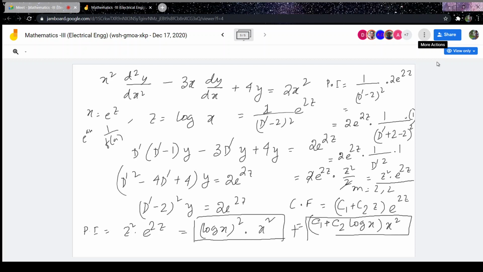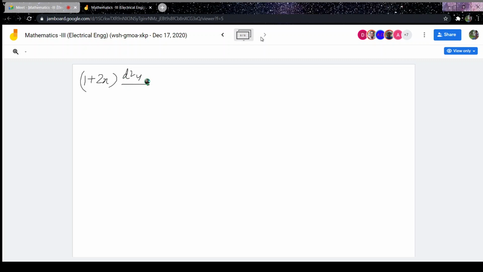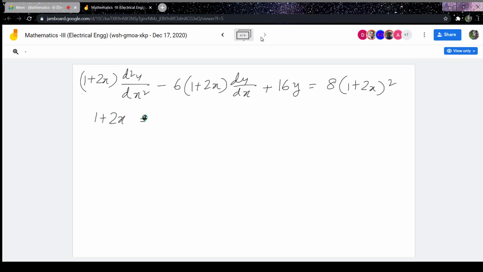So suppose I have a problem like this. Before we took x is equal to e to the power z, now we will take this is equal to e to the power z.